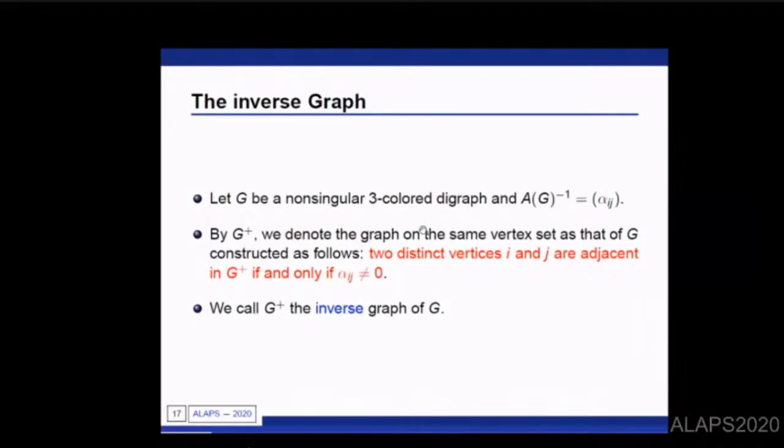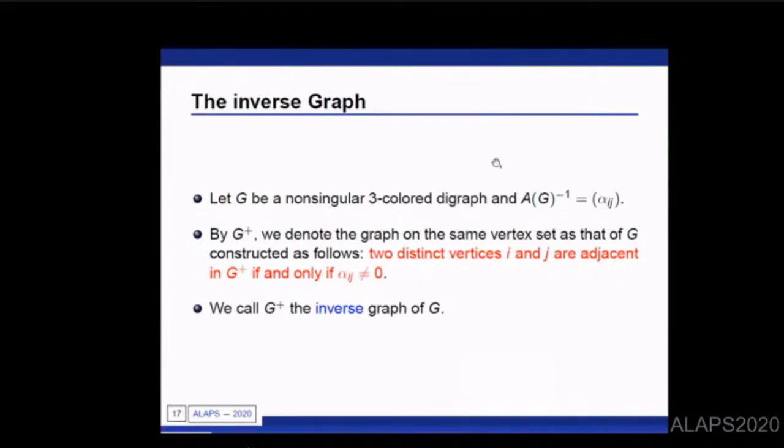That means if a three-color diagram G has no cycle, then it is nothing but, up to some similarity, the adjacency matrix of a tree. So the study of the adjacency matrix of a three-color diagram which is basically a tree is the same as the study of the adjacency matrix of an unweighted undirected tree.